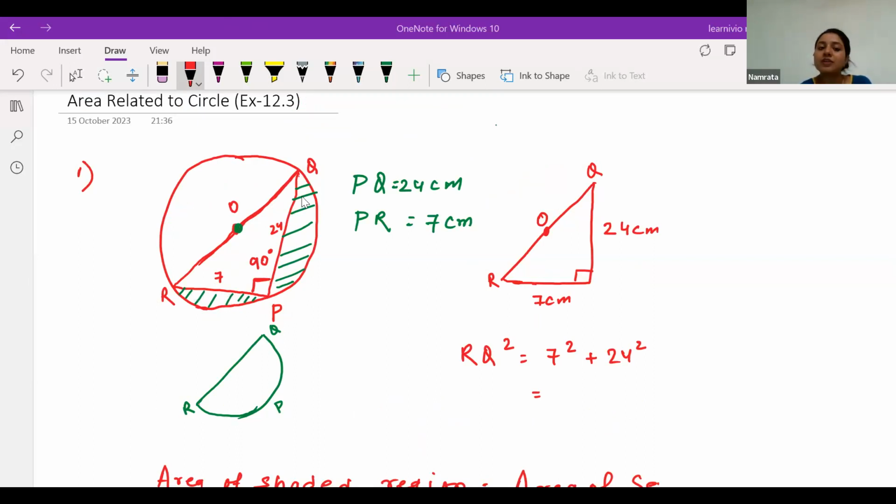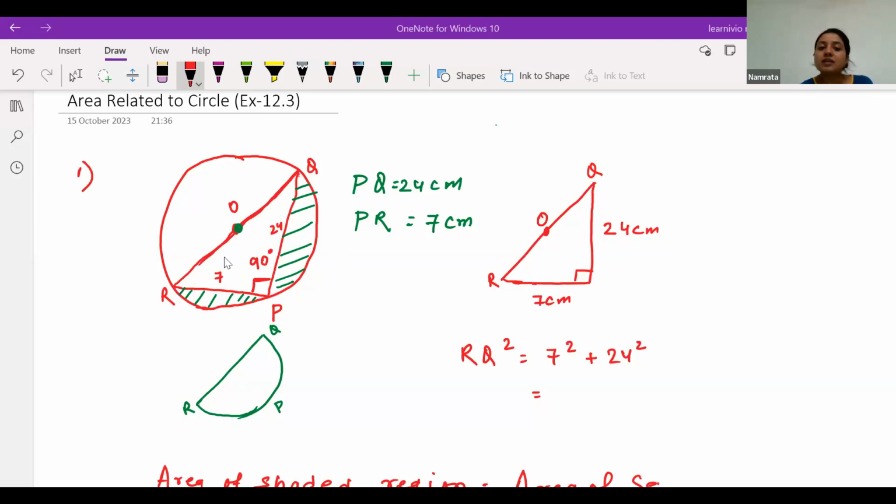For finding the area of the shaded region, we can totally focus on this semicircle. We know this RQP is a semicircle because a chord is passing through the center, that means diameter, dividing it into two equal parts. Now I have taken the semicircle. There we can see a right angle triangle, PQR.